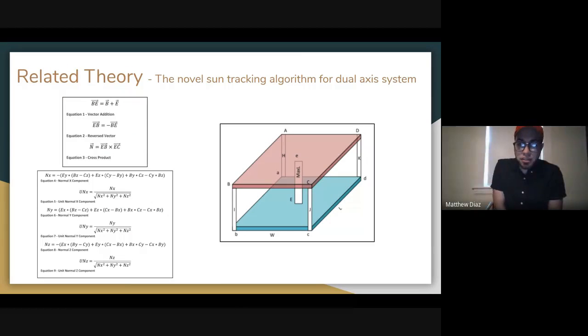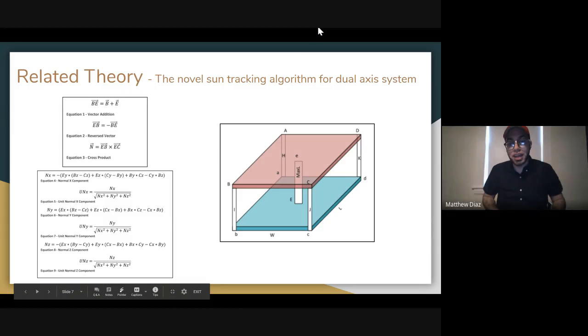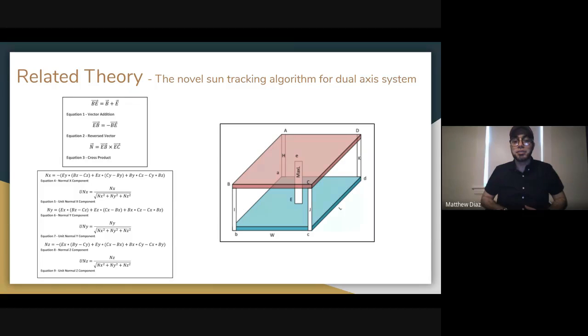Okay, so this is the related theory for our sun tracking algorithm. Basically, we started by putting everything in our model into vectors. We start with a plane: we represent the actual solar panel as a plane, as well as the base, and we have the actuators supporting the solar panel from the base as vectors as well, so that we're able to perform the equations seen on the left and get the key factor of our algorithm, which is the normal vector of the solar panel.